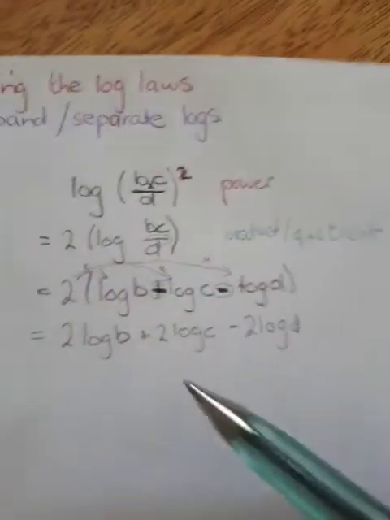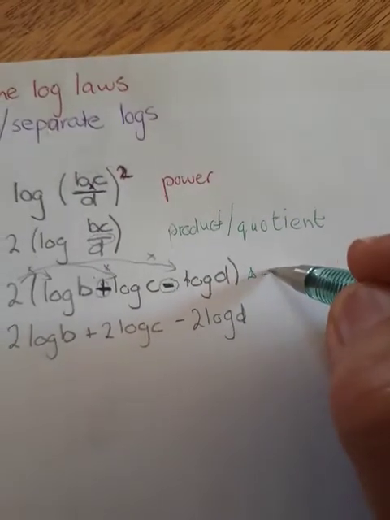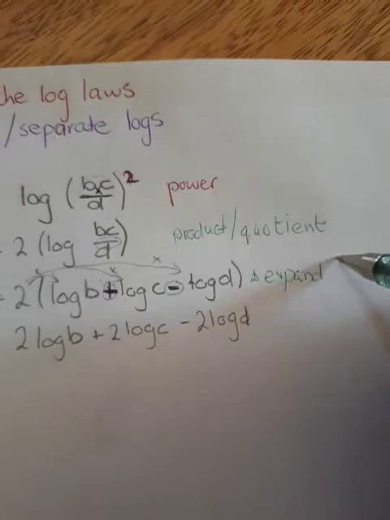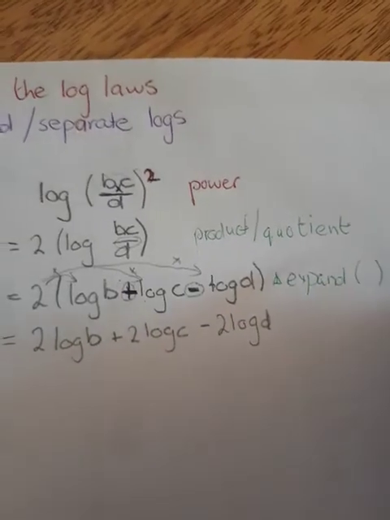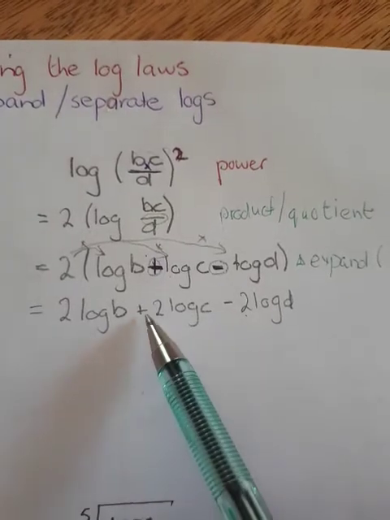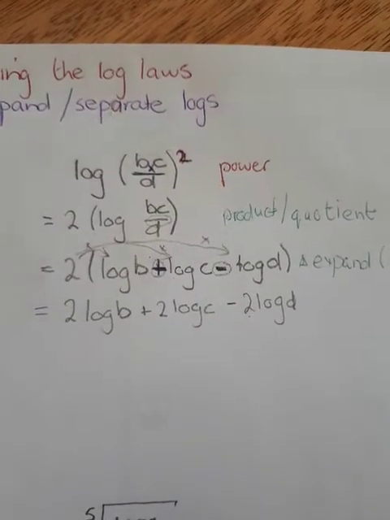Then in the next step we are simply going to expand the bracket, and that gives us 3 different logs. One is the sum and the other one is the difference.